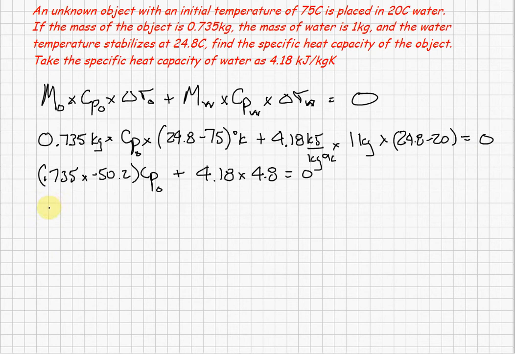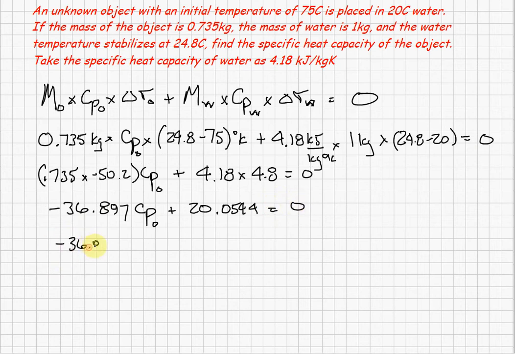So let's do the rest of the arithmetic. We get a minus 36.897 CP object plus 20.0544 equals 0.